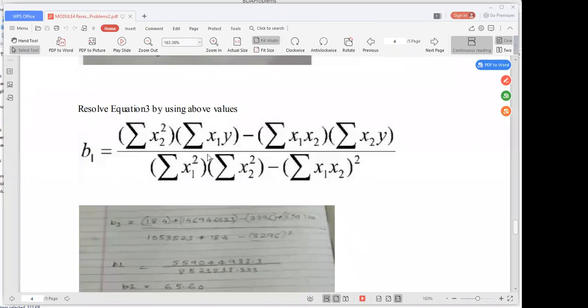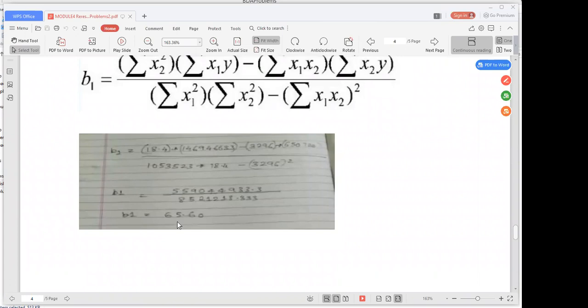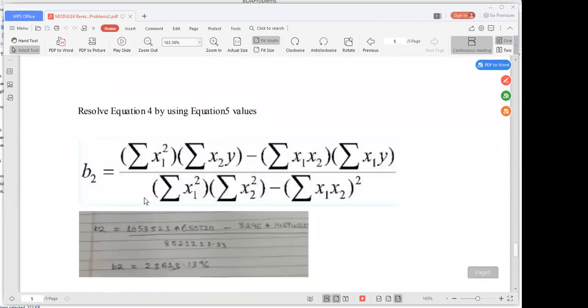So I have got the value b1 equal to 65.60. If you want, you can try it in an Excel sheet and check. Similarly, after substituting all those values, I have got a value of b2 as 23613.1396.